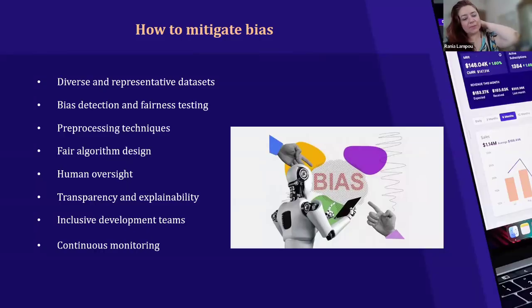Human oversight: keep humans in the loop for critical decisions and regularly audit outputs for ethical and social implications. Diverse teams are also more likely to spot potential sources of bias and consider broader ethical impacts in design evaluation. So try to create inclusive development teams and continuous monitoring, of course. All this is very important.